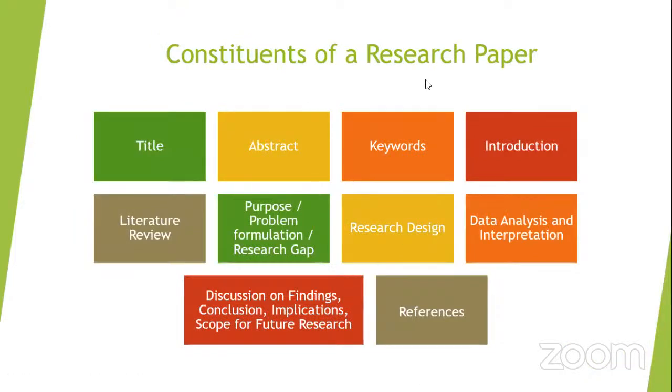First we need to understand the constituents of a research paper. Whenever we write a research paper, there is always a title, an abstract, keywords, introduction, literature review, purpose, problem formulation, or research gaps, which actually shows the significance of the paper.